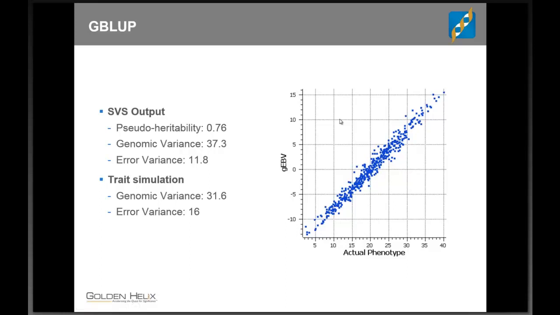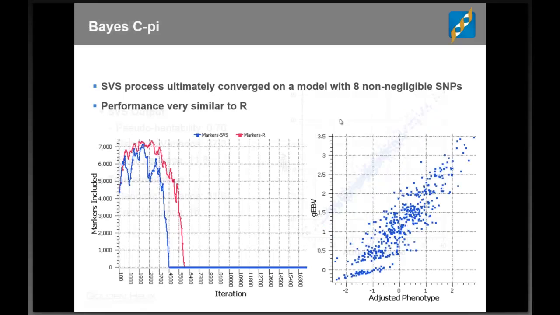Now, what about Bayes C-pi? Bayes C-pi has some differences, of course, in how it works. And what we're seeing here on the left is a representation of that MCMC process, where initially it starts out incorporating several thousand markers in the estimation with non-negligible effects.